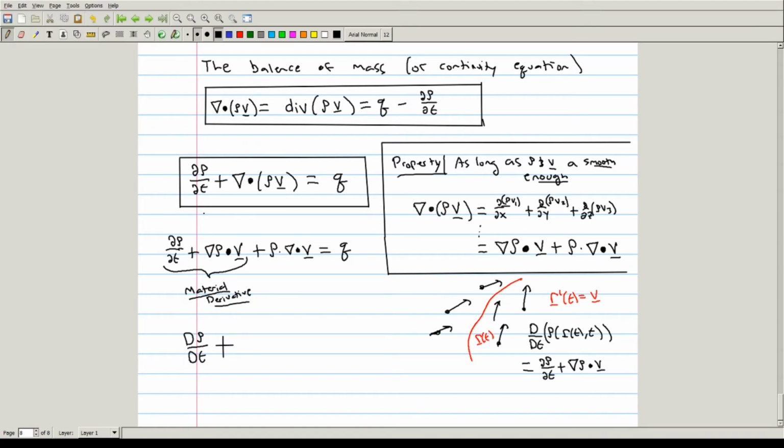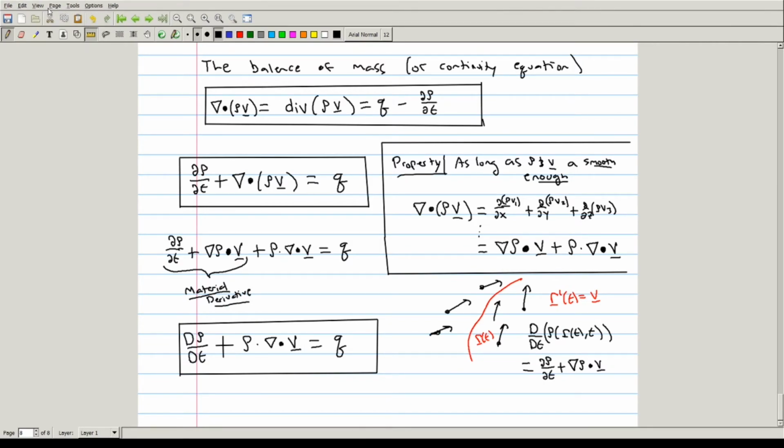So in fluid dynamics, this plus rho times the divergence of v is still equal to q. This is an alternative way of writing down the continuity equation in terms of the material derivative, or in terms of how this expression changes along path lines of individual particles.